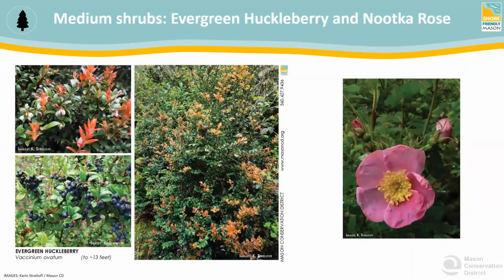They're harder to grow back because they're kind of slow growing, but they're a wonderful plant to keep if you have them. And then Nootka Rose over here on the right is also a really great, fast-growing shoreline plant that can send out rhizomes and spread laterally and really establish a great buffer at your upper beach.